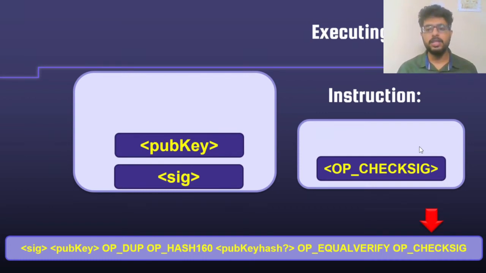So this is where the power of the Bitcoin scripting language comes into play. There is just an instruction that lets you verify a signature. So it is easy to write scripts that do signature verification without calling any special library to check the signatures.